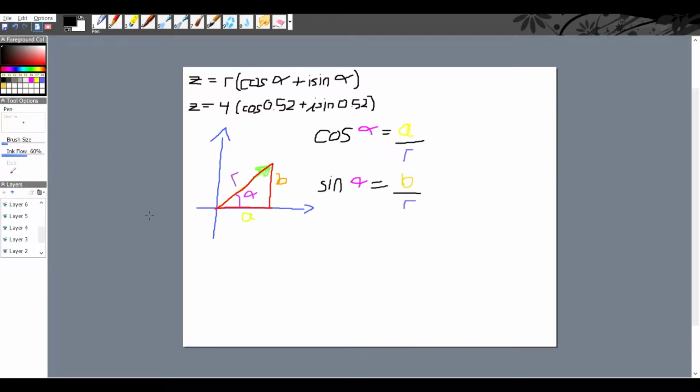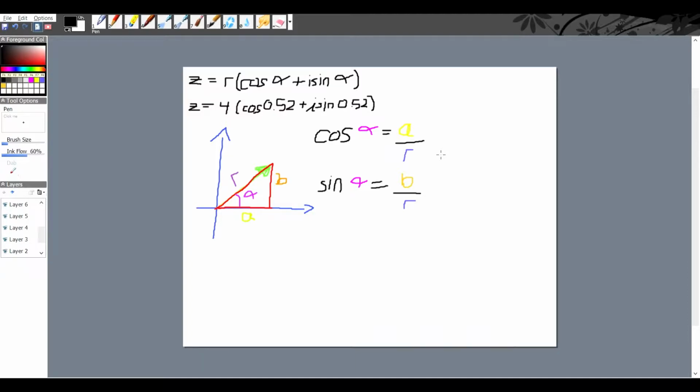And the same happens with b. The sine of the alpha angle is the opposite side over the hypotenuse, or what is the same, b over r. So I think you are starting to have an idea of how we're going to do this.